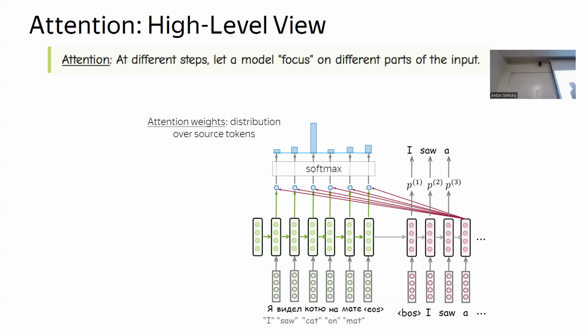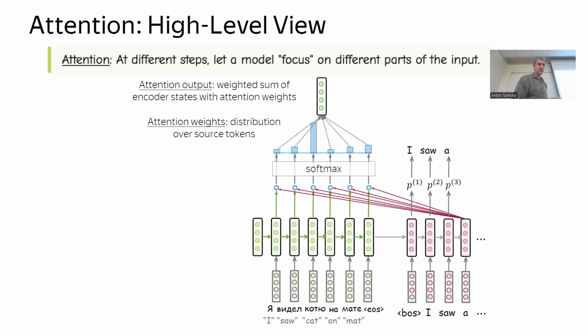The other terms will be scaled by a small number. So it doesn't mean that we'll take just one word, we'll take all the words, but the most probable word will have a larger impact in our sum. So this is the high-level view of attention.